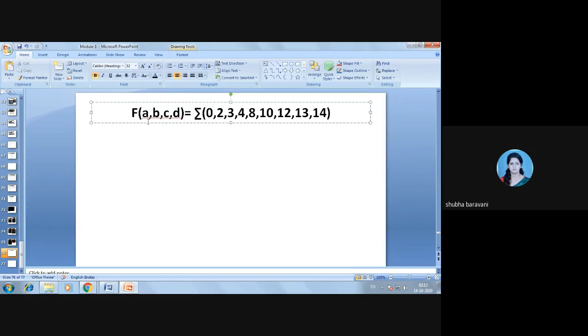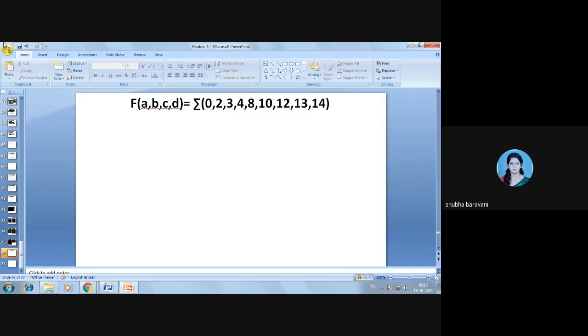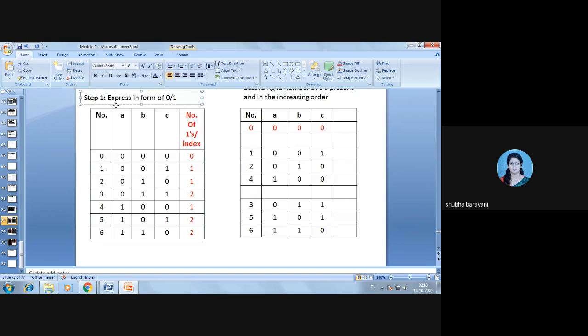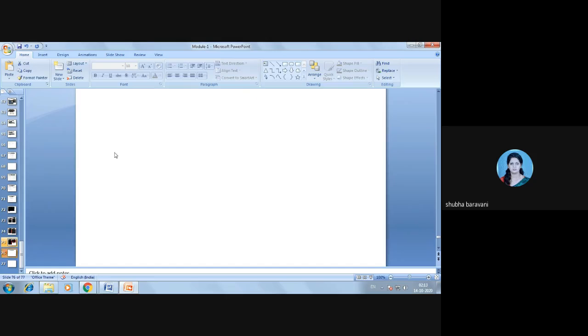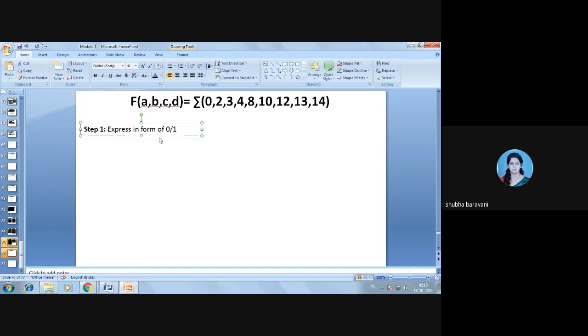You have to find all the PI for the function f of ABCD equals 0, 2, 3, 4, 8, 10, 12, 13, 14. So you do it parallelly, I'll also do it here.